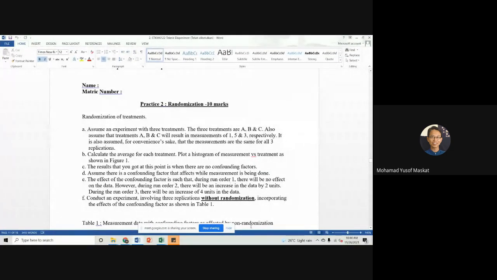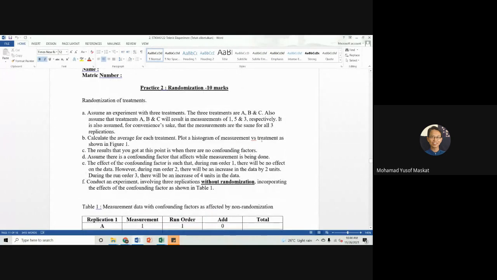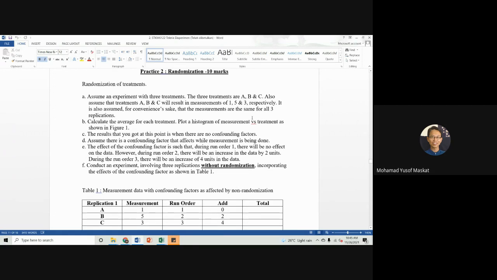So this is practice number 2, that is for randomization. The objective of this is to demonstrate to you the importance of doing randomization and the effect of not doing randomization if there are confounding factors.